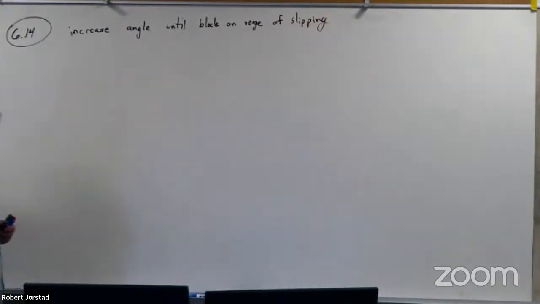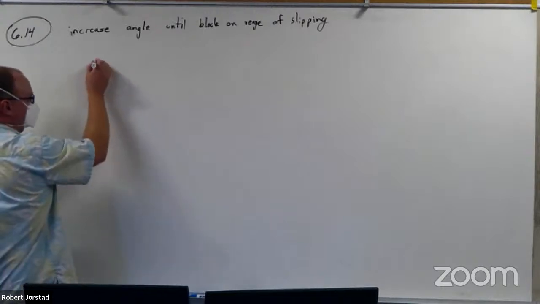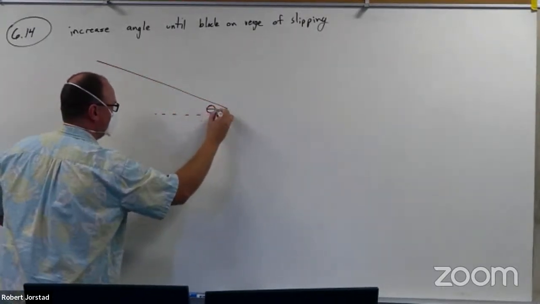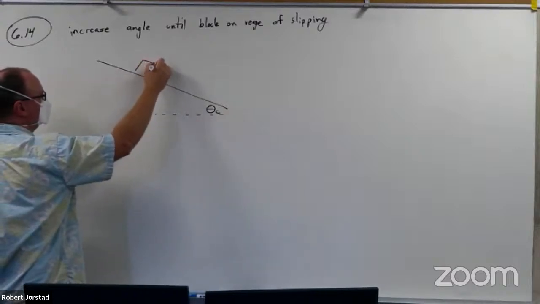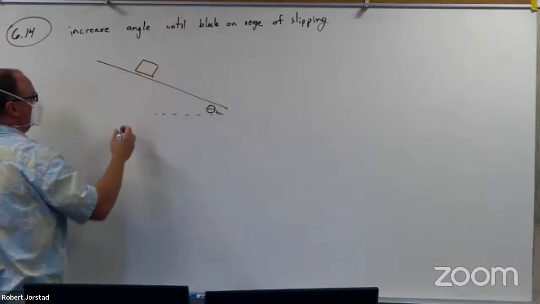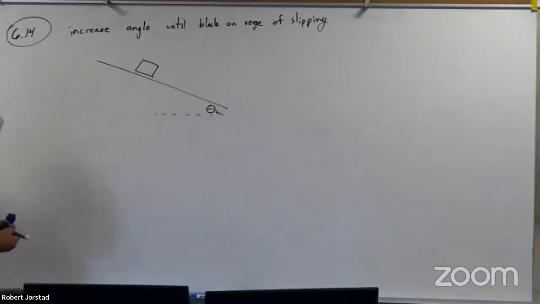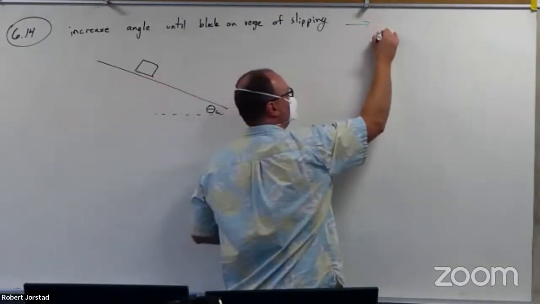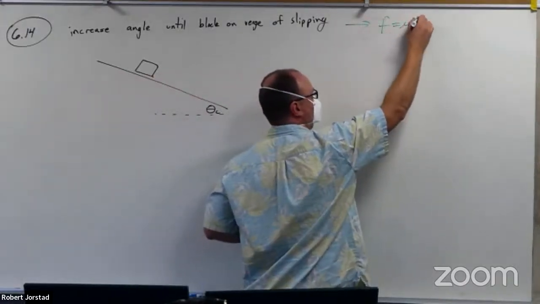Then increase the angle until the block is on the verge of slipping. At that point, what frictional condition holds? F equals mu s n. That's right. It's on the verge of slipping, mu static N.